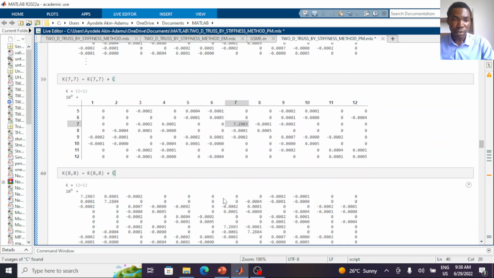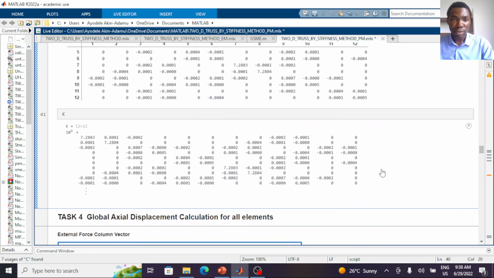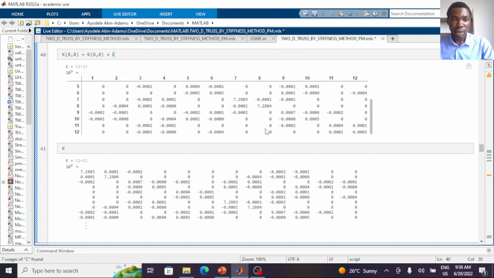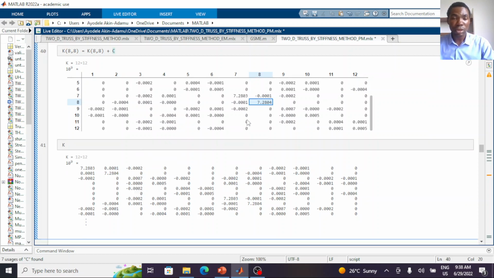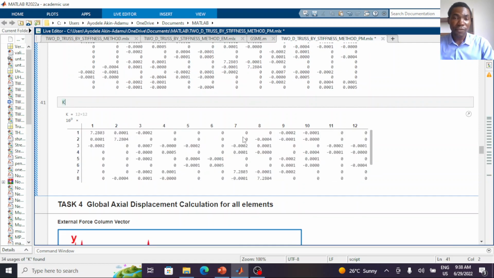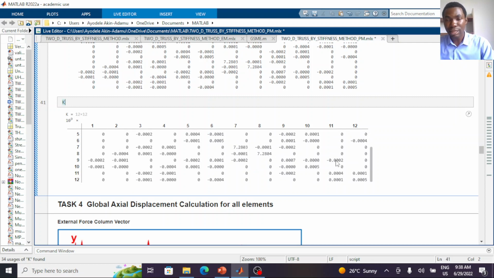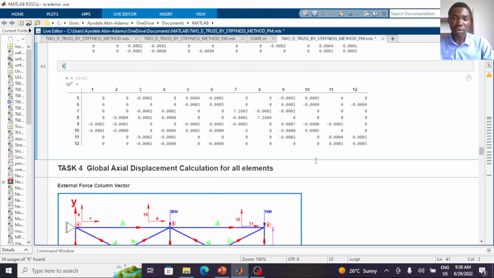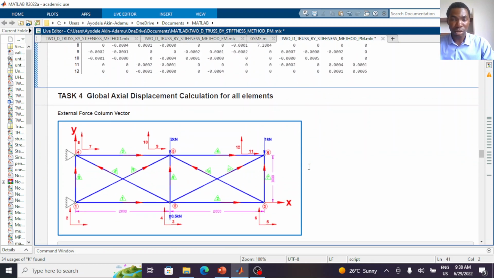The same thing for the 8th degree of freedom at 8,8. This is 8,8 here. So C is added. This is how we modify the global stiffness matrix with the large stiffness. So this is the final modified global stiffness matrix, and this is what we need to invert to compute our displacement vector for the 12th node in the Truss problem.